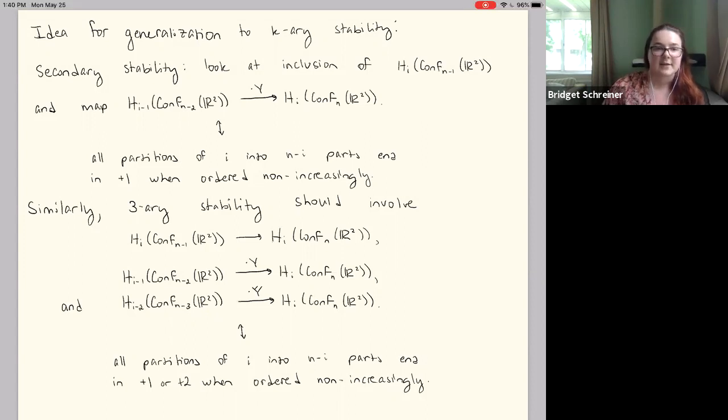And similarly to the secondary stability, this should correspond to all partitions of I into n minus I parts, ending in either a +1 or a +2. So that would tell us that new classes in HI of configurations of n points come from either 1 degree lower by adding a 1, or 2 degrees lower by adding a 2.